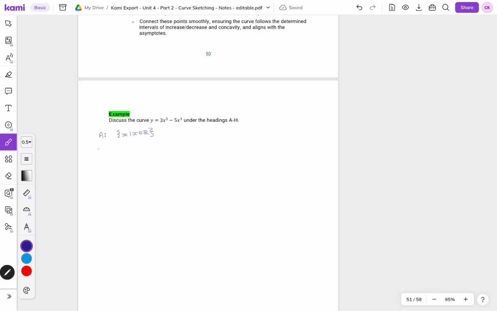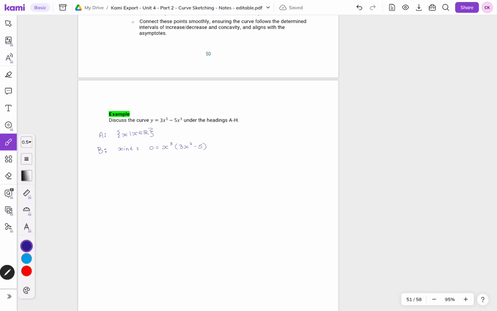Okay, so B wants us to find our intercepts. Remember, for x-intercepts, we're going to do 0 equals, and we're going to factor this. Looks like I can pull out an x cubed. This is going to leave me with 3x squared minus 5.